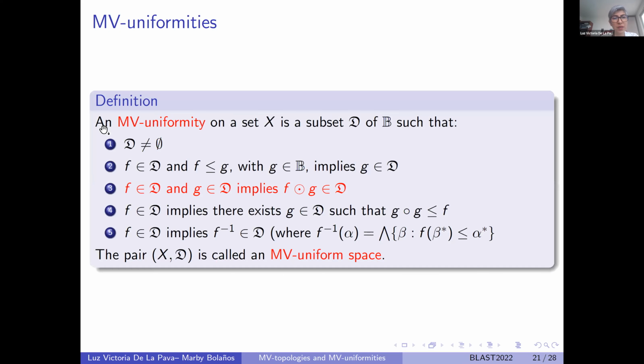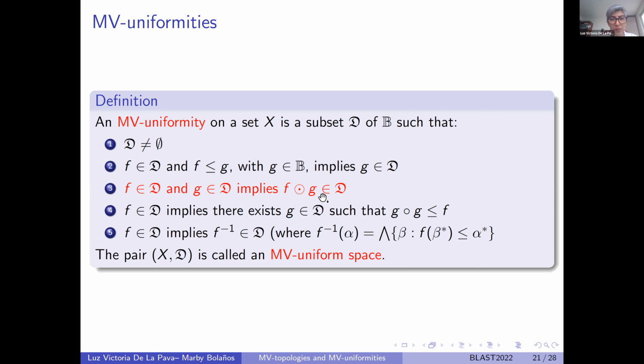And we define an MV uniformity on a set X as a subset D of B, such that D satisfies again these properties. The first three are like a filter of the algebra, and 1, 2, 4, and 5 are the same conditions as in Hutton's definition.